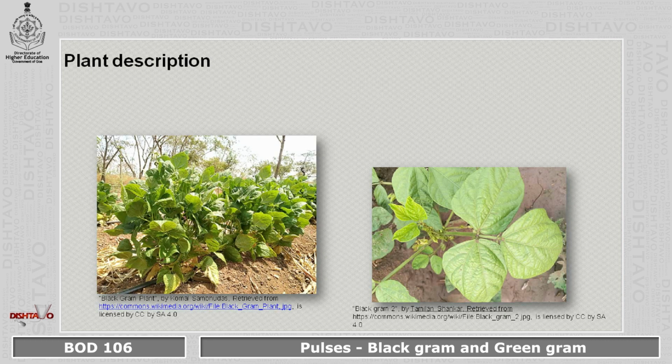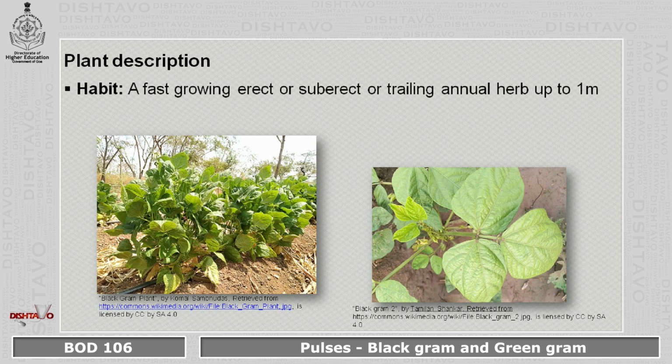About the plant, it is a somewhat shrubby plant, or you may consider it an herb, better herb, a fast growing erect or sub-erect one. When it grows a little bit taller, it can't remain straight. So it may become sub-erect, but it is an annual herb which will complete its life cycle in one season.